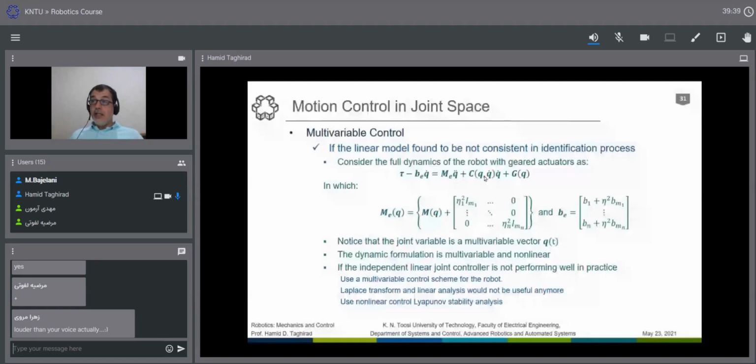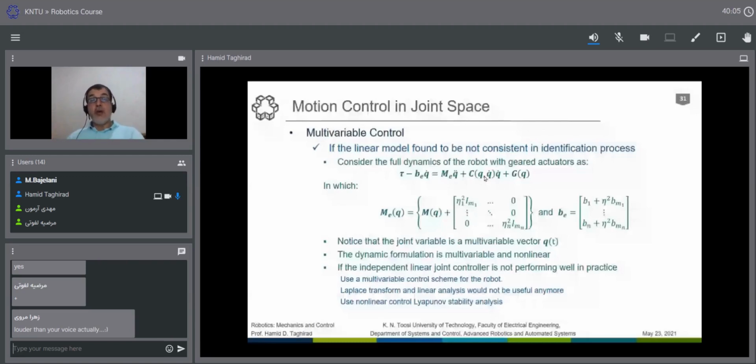Since it is a nonlinear multivariable model, I don't say we have to, but it is very natural to use a multivariable and nonlinear control for the system. And the multivariable and nonlinear control is something added to the previous controller that we have.